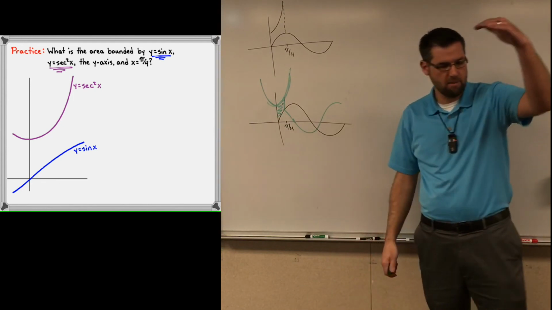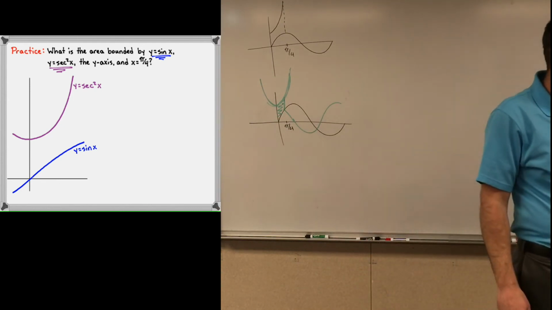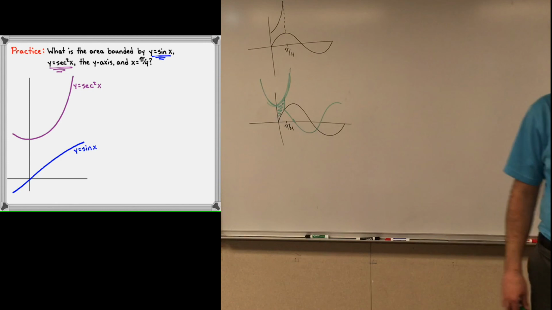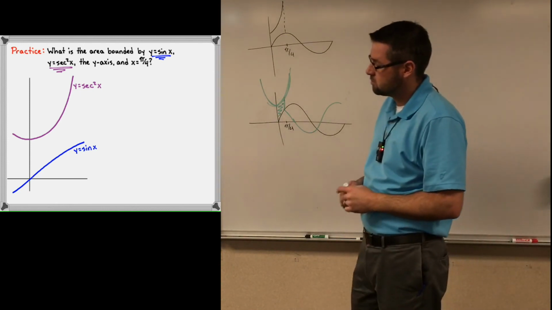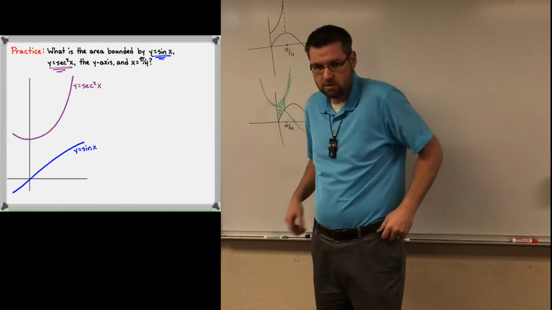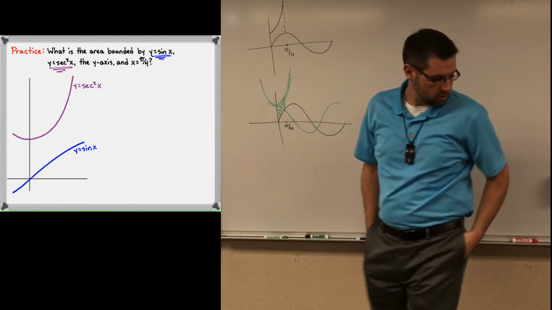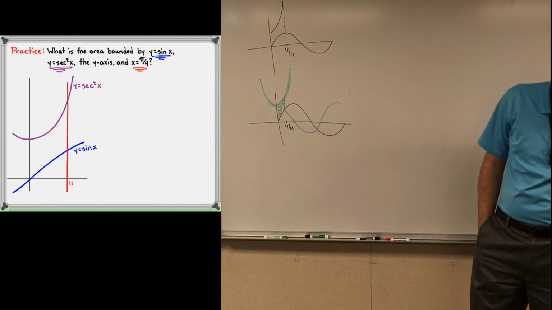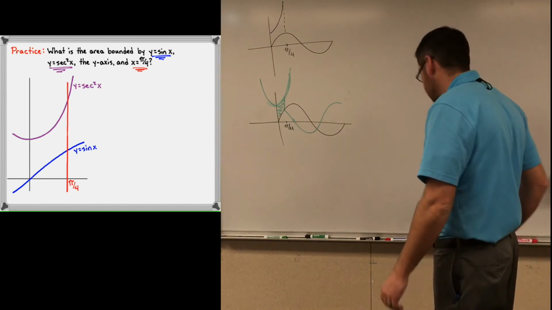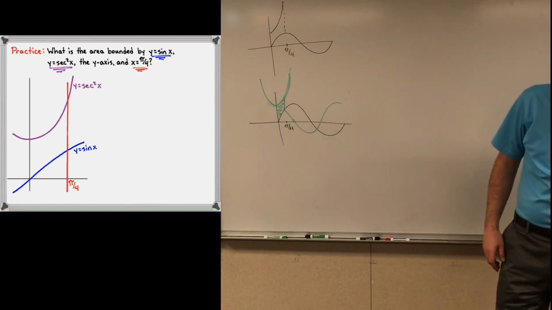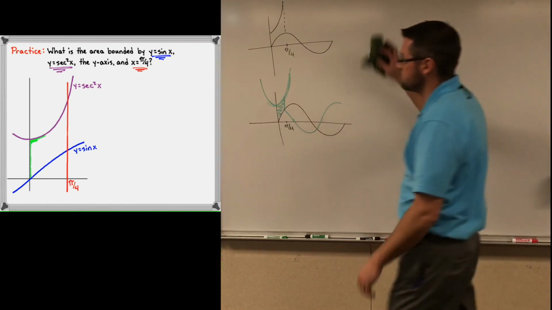Change it so your y max is 2. You guys okay with this? So now we're looking for the region that's bounded by the y-axis and pi over 4. So we're looking for that piece.